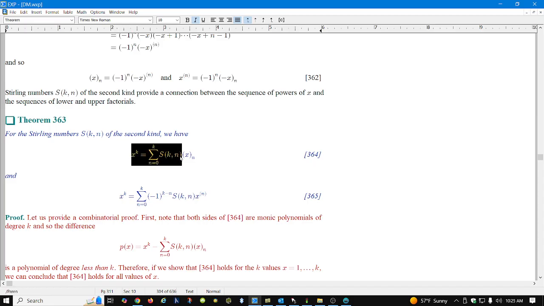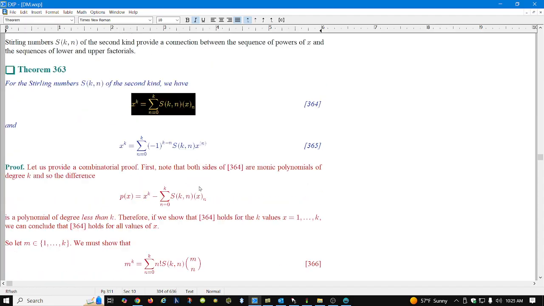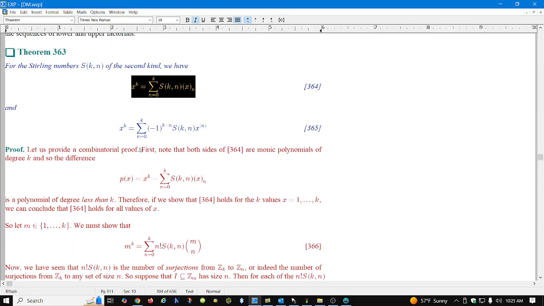So let's prove this equation. I'm going to give a combinatorial proof, because I think that's the most interesting. First, notice that this is a polynomial of degree k, and so is this, and I'll let you figure out why that's true.